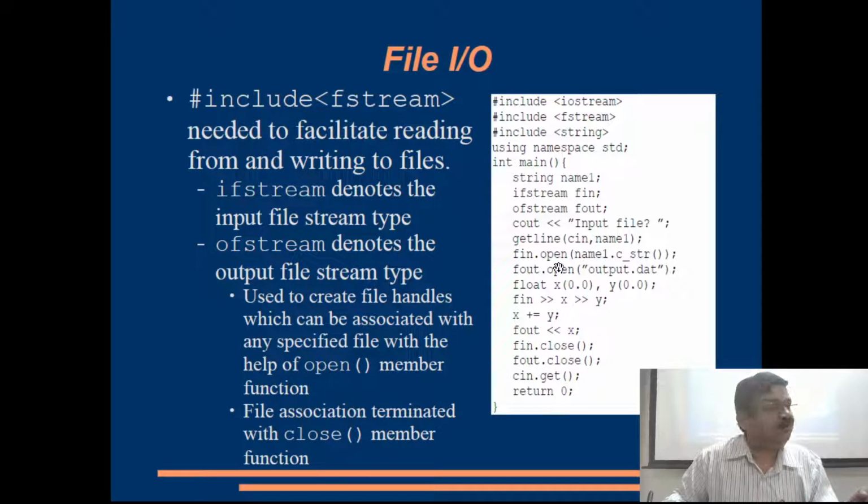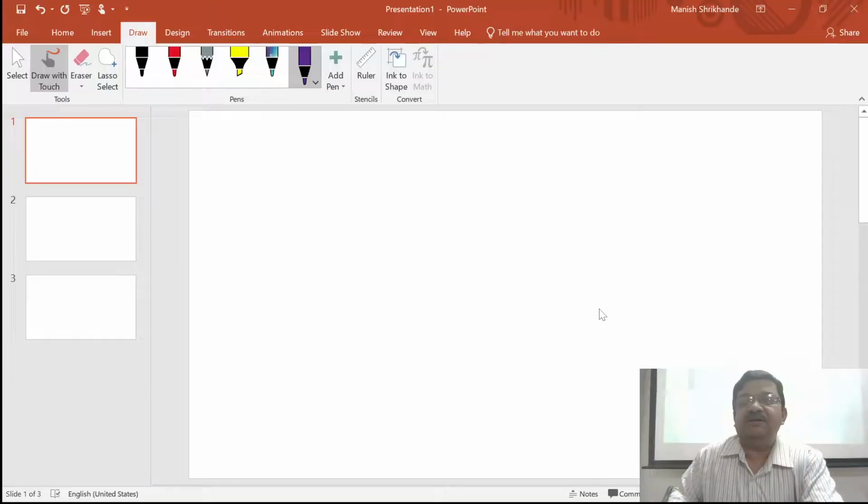Similarly, I can map an input file in a similar fashion. Let us say input.dat. I can just say fin.open with arguments within the quotes, of course, it has to be a string. So it can be just fin.open like this.